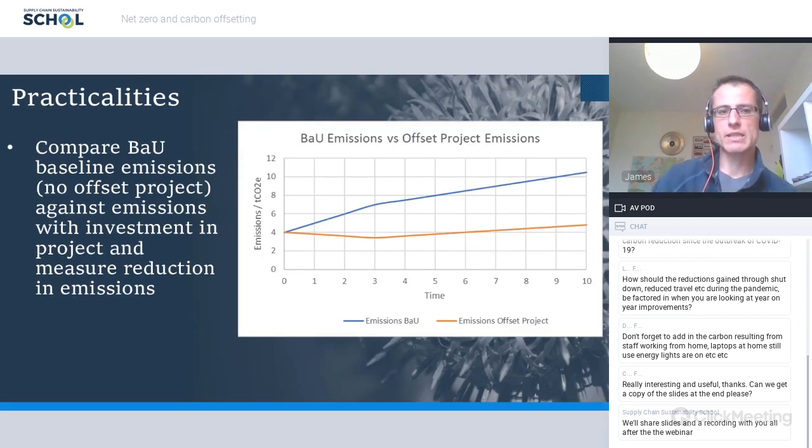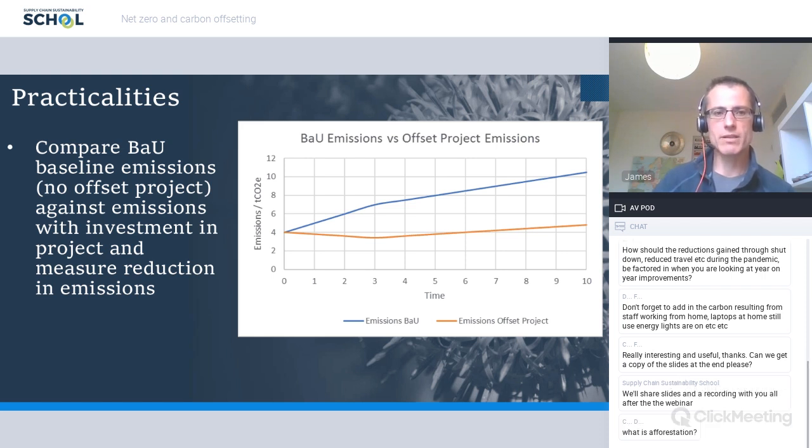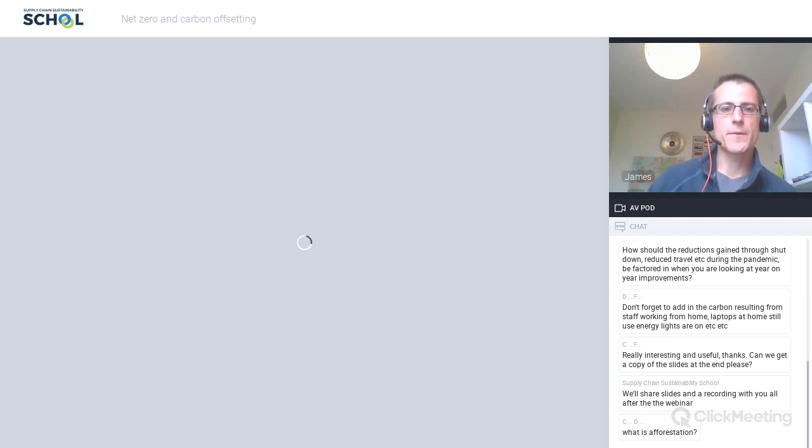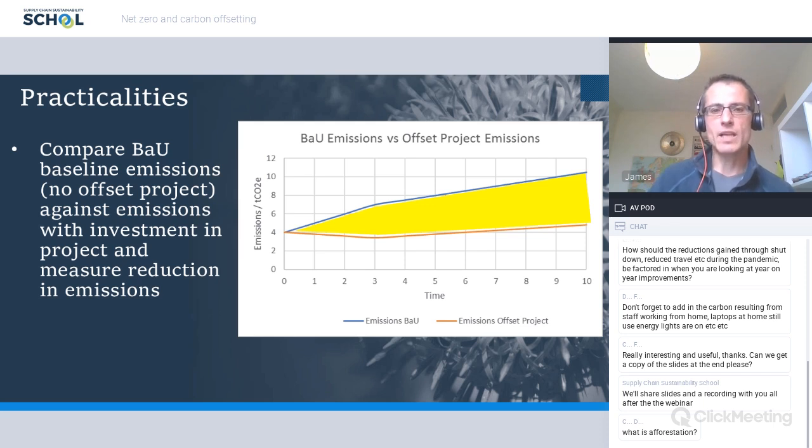And some of the practicalities of understanding what a carbon offset does, it's comparing the emissions that you are getting through a project, investing through a project, and that's the orange line, the lower line in the graph, against what business as usual would have been had you not invested that money. How are you lowering those emissions by a more efficient appliance or converting methane to carbon dioxide, whatever the benefit might be, and then calculating what those emissions add up to, that reduction.